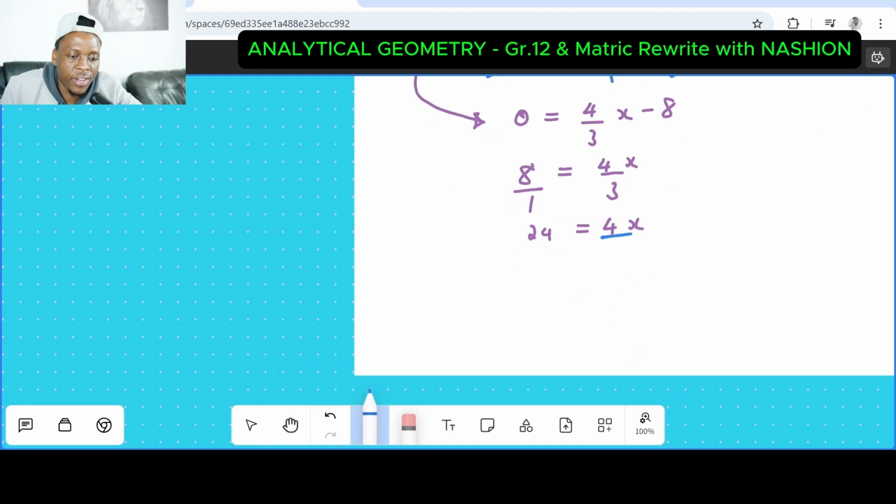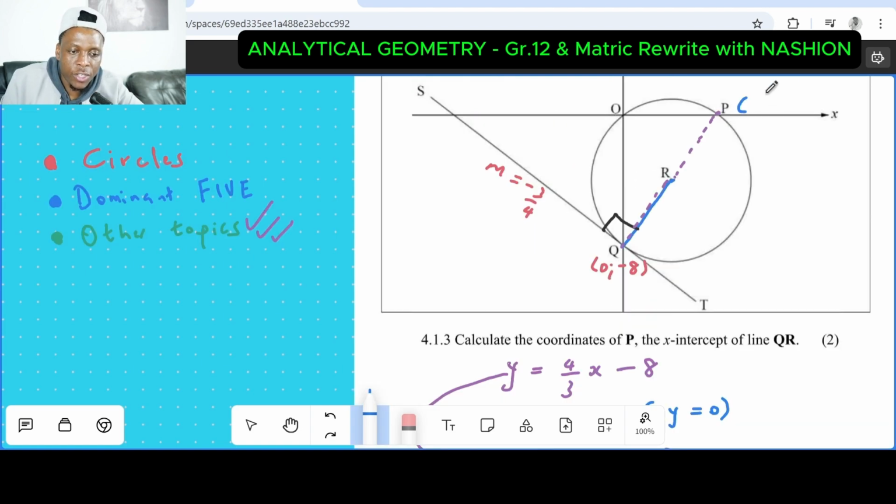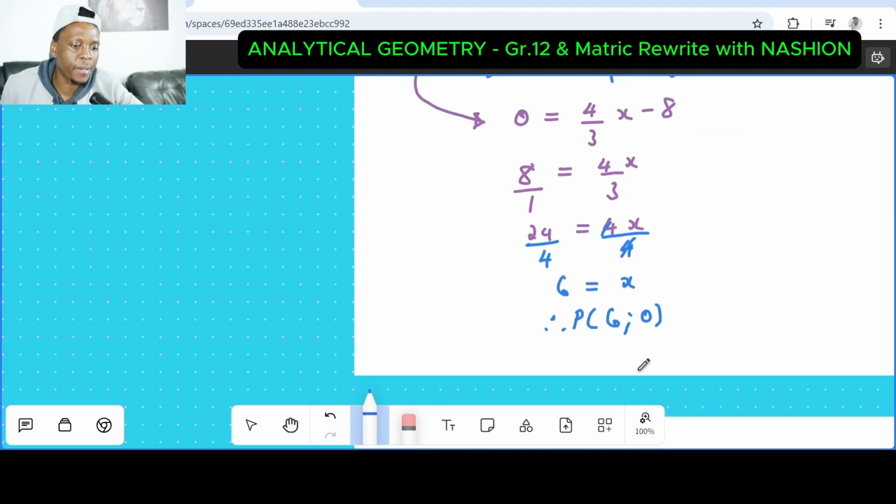After that, we divide both sides by 4 to make x the subject of the formula. 24/4, that's a 6. Therefore, our x-intercept is 6:0. Let's fill it in on the diagram. 6:0. And P right here.